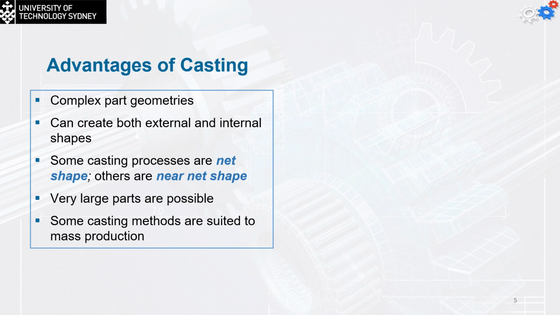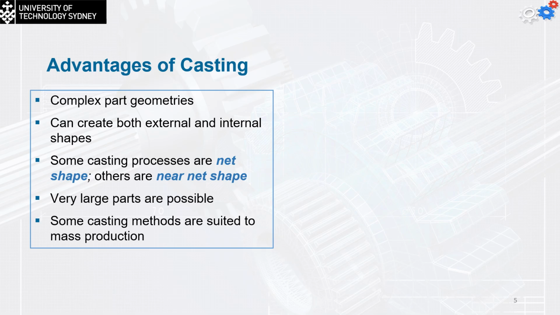So what are the advantages of casting? Complex part geometries can be achieved. It can create both external and internal shapes. Some casting can be to net shape and others to near net shape. Net shape means the part is going to be used directly, and that's what we have in the die casting processes.